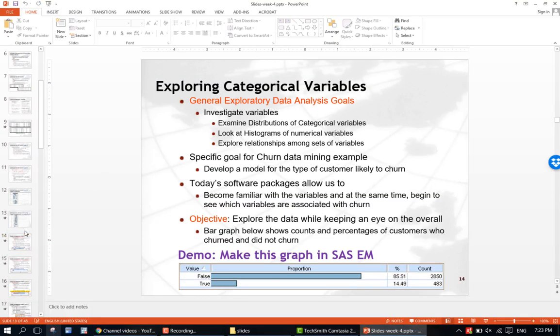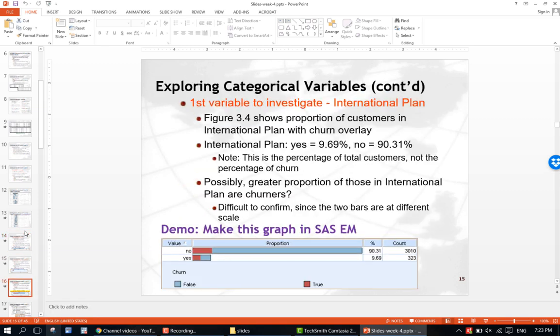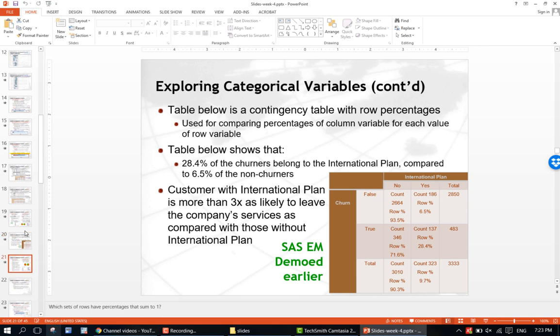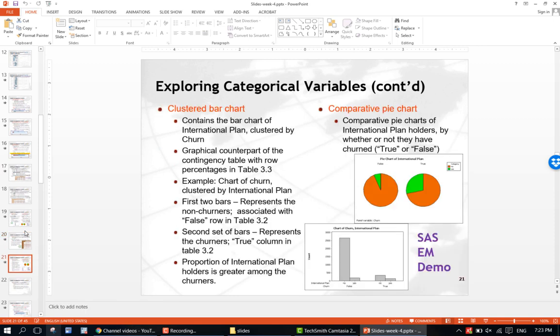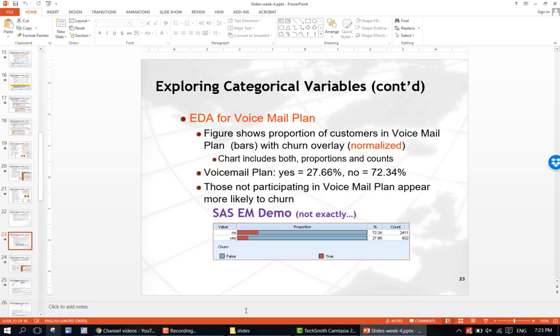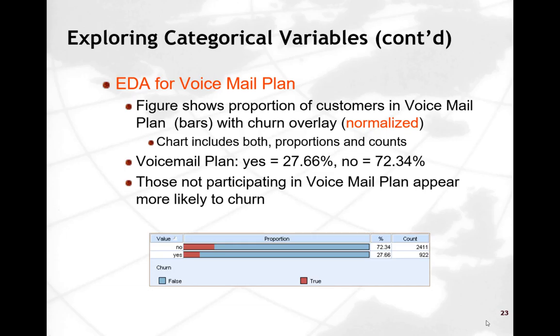I think I have that slides here. Voicemail plan. International voicemail plan, yeah. Okay. So voicemail plan is a binary variable, and churn is another binary variable, right?